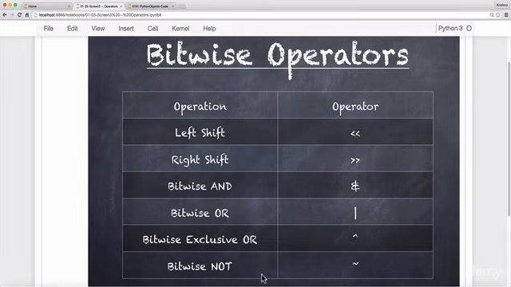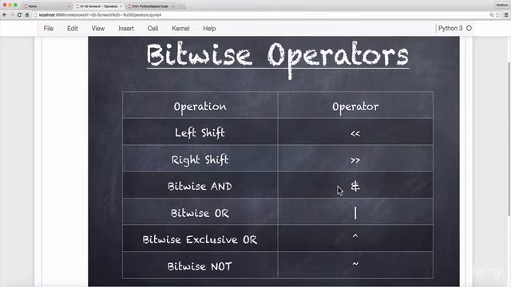This tilde sign is a bitwise not operator, and this exclusive or is a caret sign, and this pipe sign is for bitwise or, and this ampersand sign is for bitwise and.